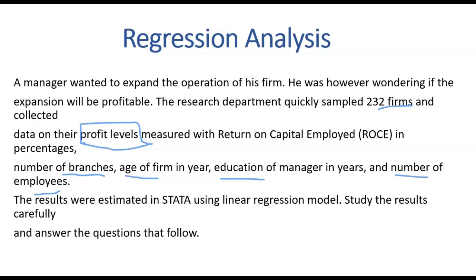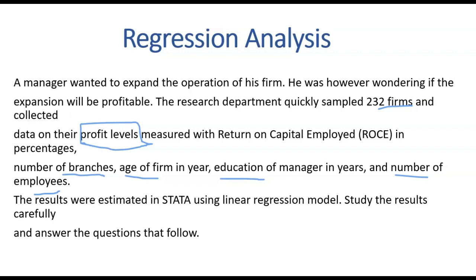Okay. And the independent variables will be the number of branches, the age of the firm, education of the manager, and number of employees. Because these factors will help us to predict what? The profit levels. To help us to know if having more branches will impact your profit level, and so on.